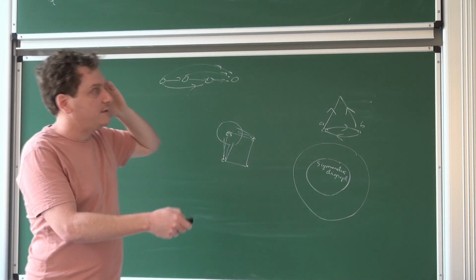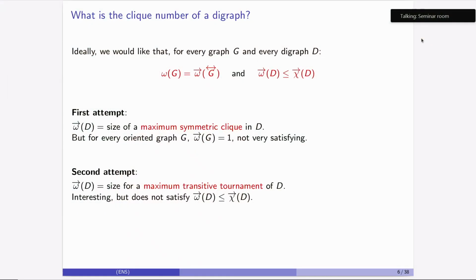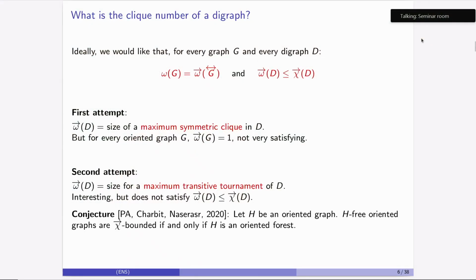So it fails to have this property, but I wanted to mention it because it was studied, and in particular there is a nice conjecture that we proposed with Pierre Aboulker and Raphael Steiner that says the following: given an oriented graph H, where oriented graphs mean no digon, the class of H-free oriented graphs is chi-bounded, using dichromatic number and this notion of clique number, if and only if H is an oriented forest.